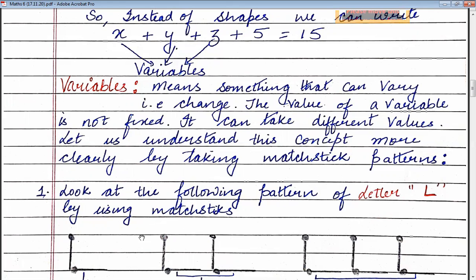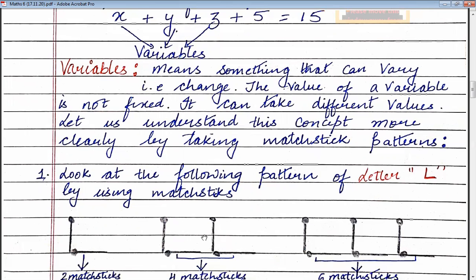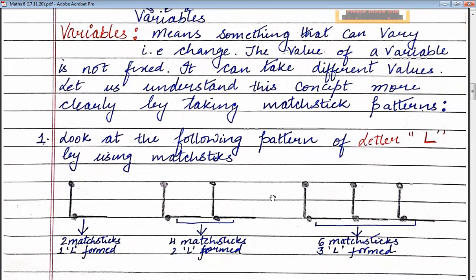So to make 2 Ls, we need 4. Now children, let us see the next one. We have to write 3 Ls. If we want to make 3 Ls, how many matchsticks do we need? Let's count. 1, 2, 3, 4, 5, 6.